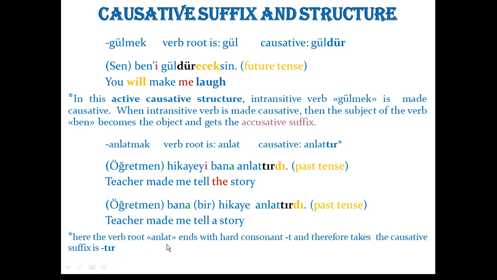Here the verb root anlat ends with a hard consonant letter, which is t, and therefore takes the causative suffix tır, not dır, because this hard consonant t changes the D letter into a T letter, making it tır.